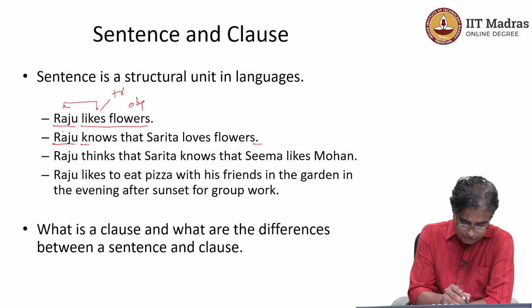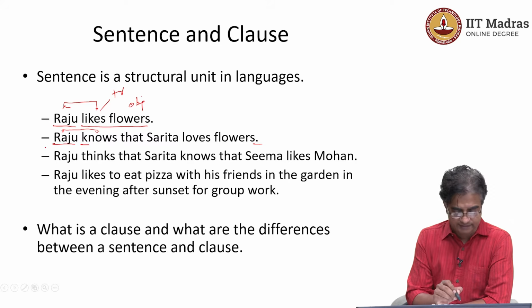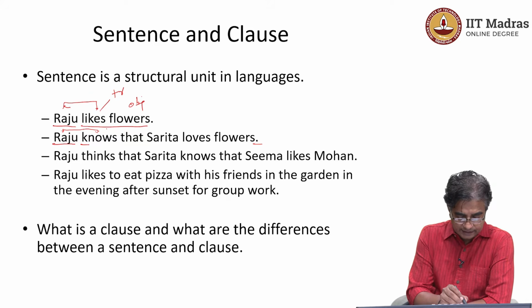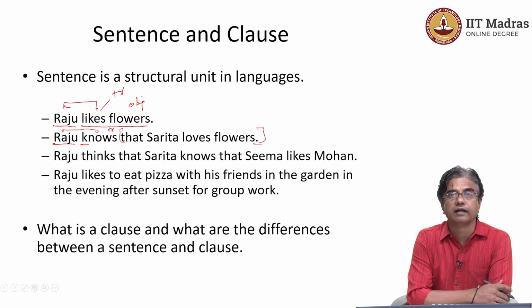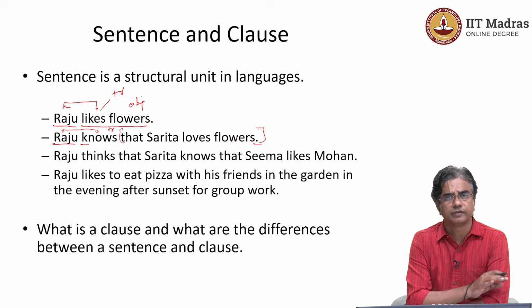The agreement is also taken care of between the verb of the predicate and the subject of the sentence. This is a transitive verb again, and it has an object, which is that Sarita loves flowers. It's a good sentence.